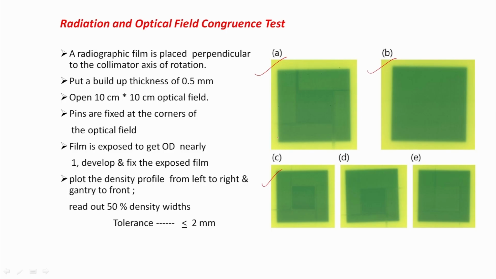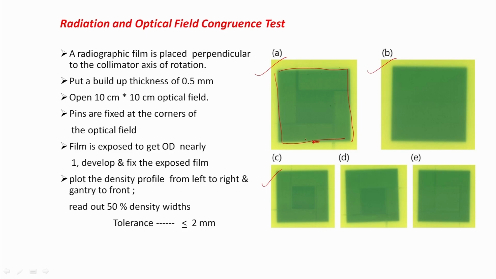The same process which you followed in cobalt, you have to place build up material here. Build up should be 1.5 centimeter, because if you are using higher energies, you need to expose enough so that you get enough darkness. You need to mark your field border, and the field border and your optical density should be within 2 mm, which we already saw.